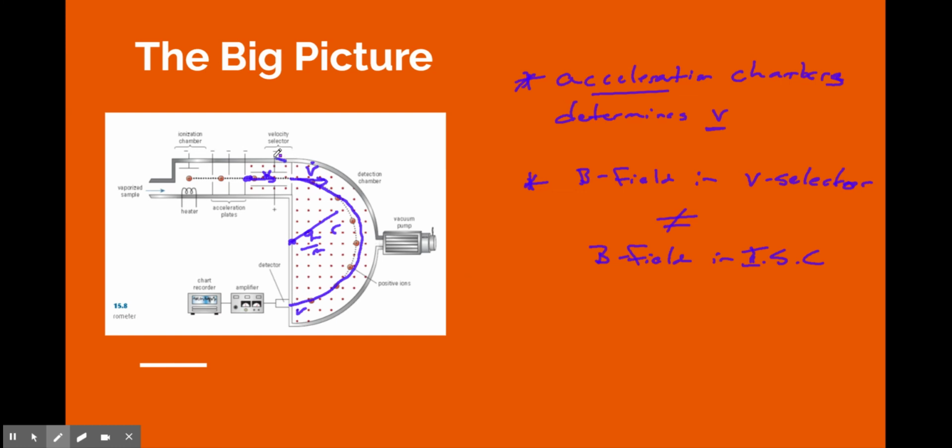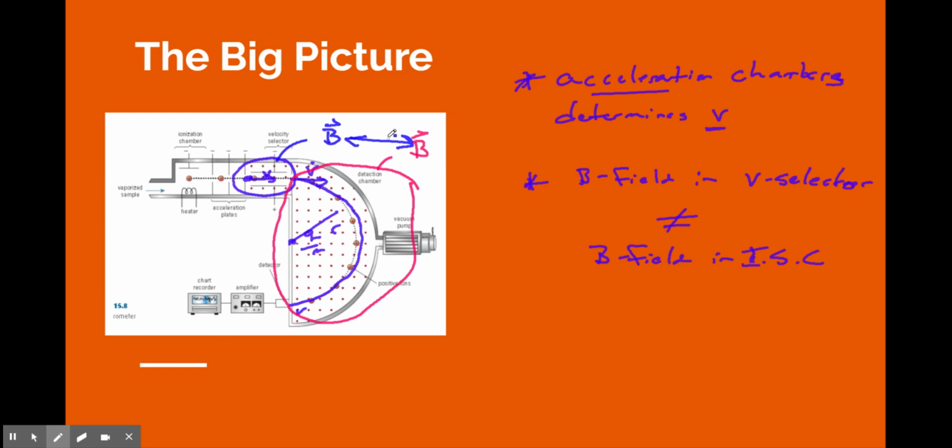In other words, the magnetic field in this region doesn't have to be the same, but you will see questions where it's the same in both, and you can also see questions in which the two magnetic fields are independent of each other, because it's really two different parts of this experiment. So these two fields are not necessarily the same, but definitely could be the same. So read questions carefully to understand that.